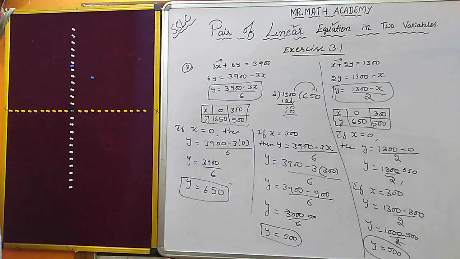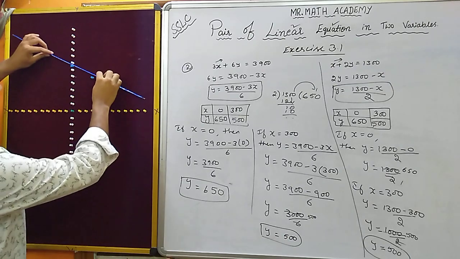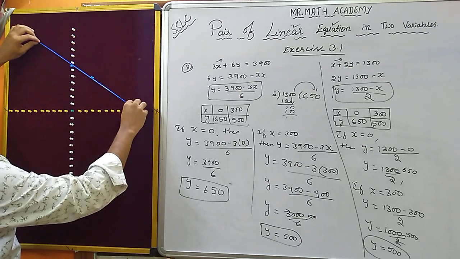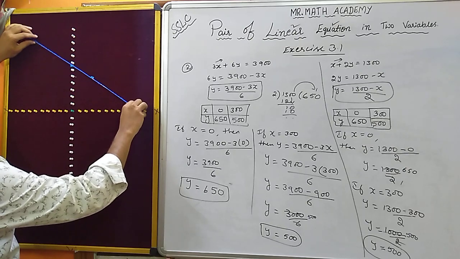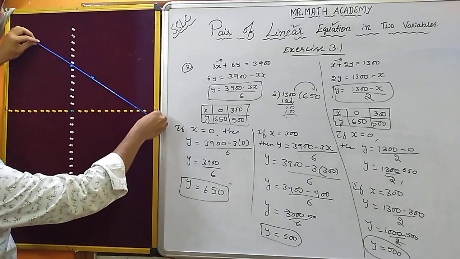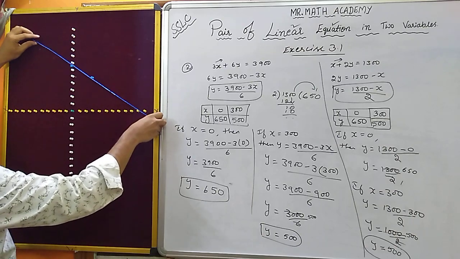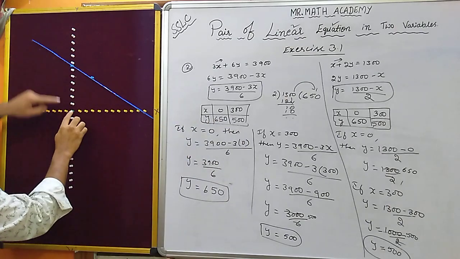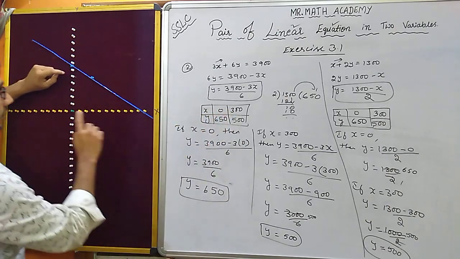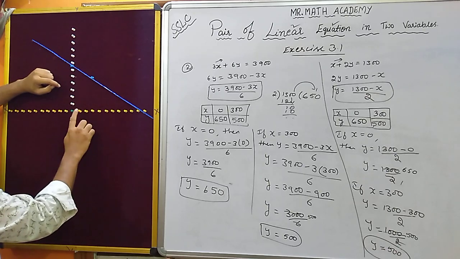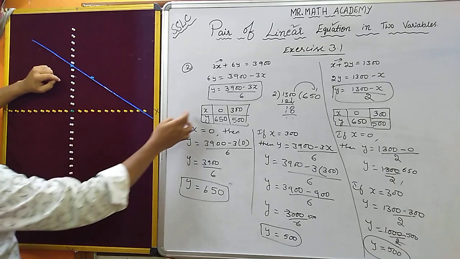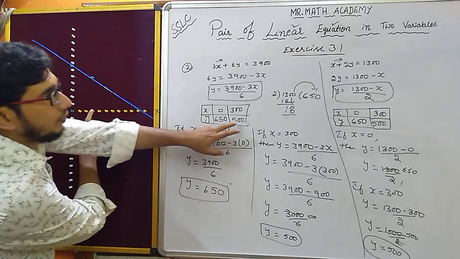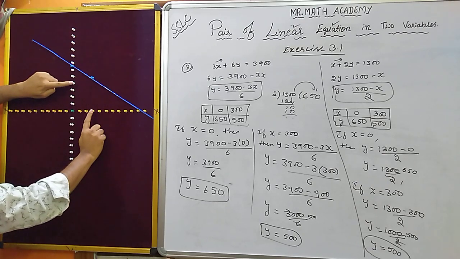Now let me draw the straight line for this. It will become a straight line like this. For these 2 points, (0, 650) is here. x is 300, 100, 200, 300. y is 500, 100, 200, 300, 400, 500.